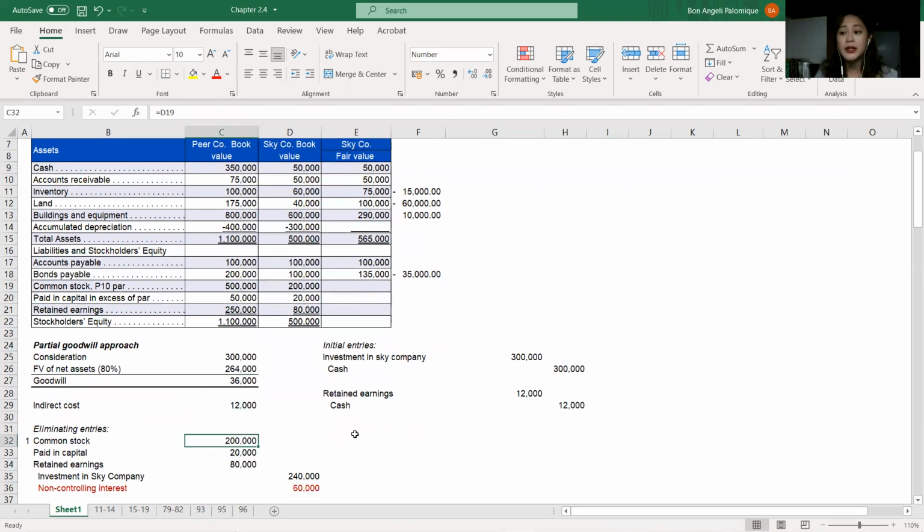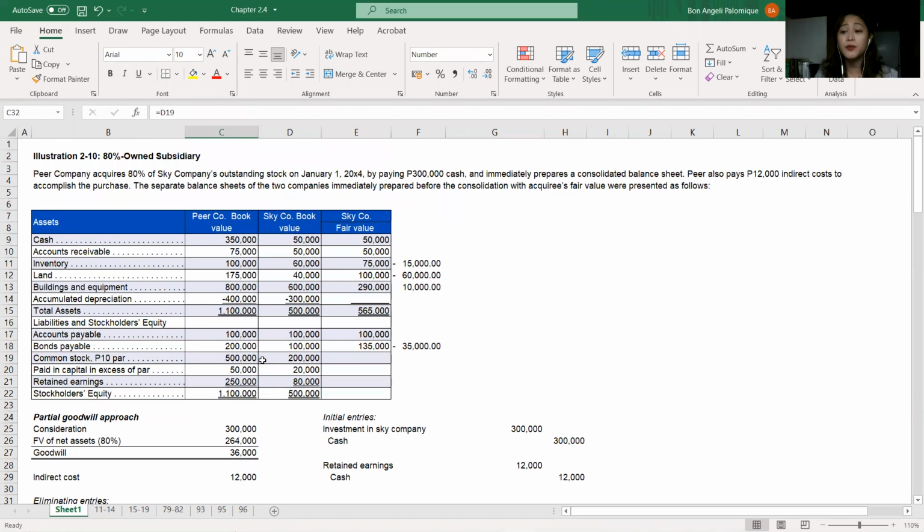So dahil meron ka ng goodwill, ang next mong gagawin is elimination. So, paano mag-i-eliminate? First is, tignan mo, ano ba yung mga entries nila with each other? So, sabi natin, number 1 na ini-eliminate natin is investment in the subsidiary account together with the common stock or equity ni Sky Company. Kasi yun yung binibili natin eh.